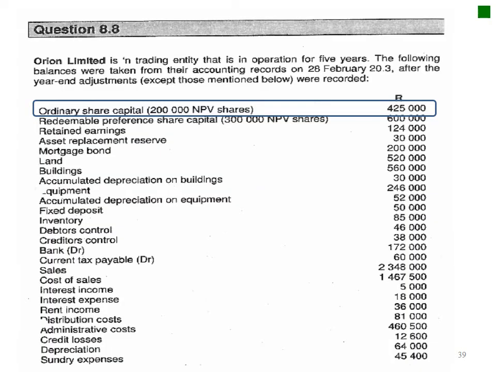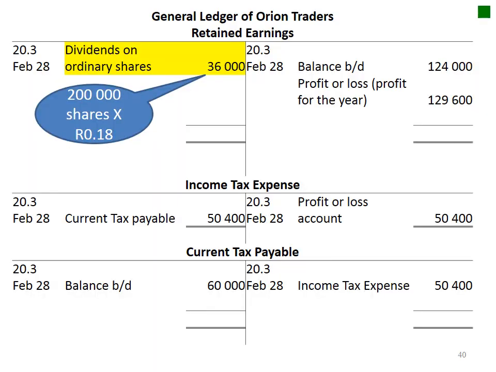So if we look at the trial balance, these 200,000 no par value shares, this amount of 425,000 includes the issue of shares that was done during the year. So we're going to pay a dividend on 200,000 shares. So we are going to debit the retained earnings with the dividends on ordinary shares amount, 36,000, and we will credit shareholders for dividends.